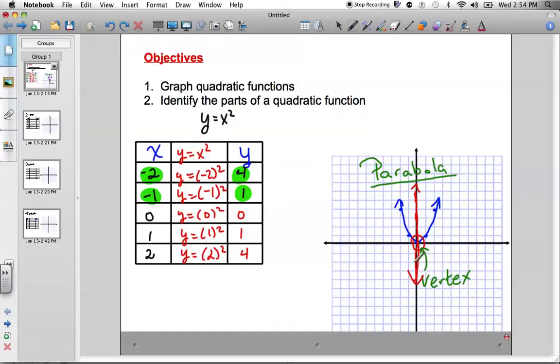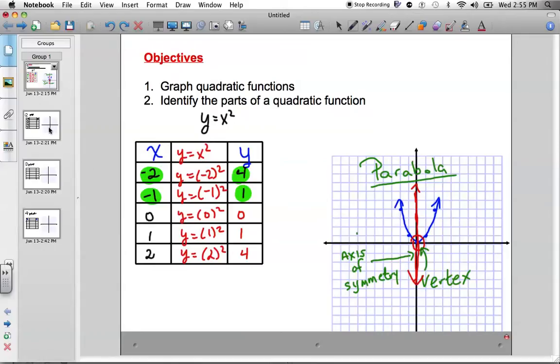Okay. This is the axis of symmetry. And again, this is a parabola, and this is the quadratic function.